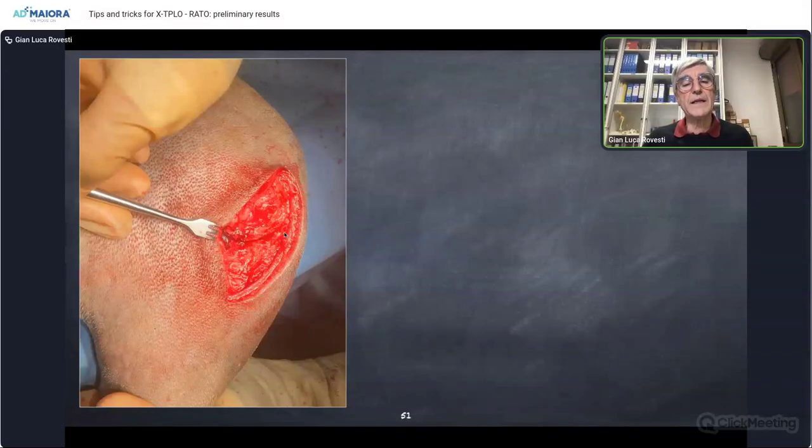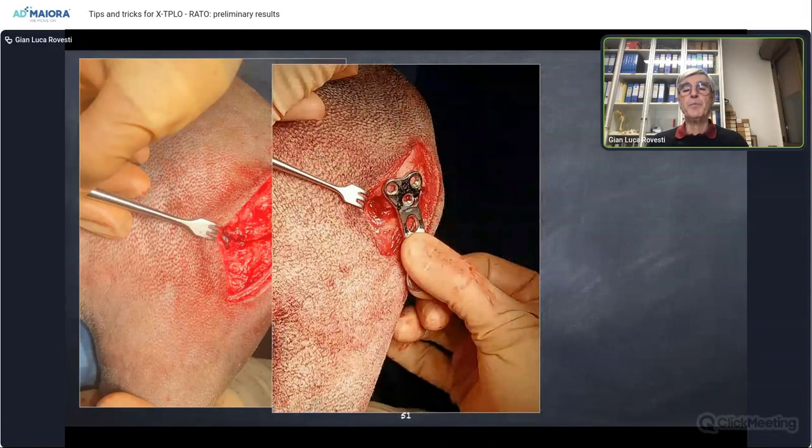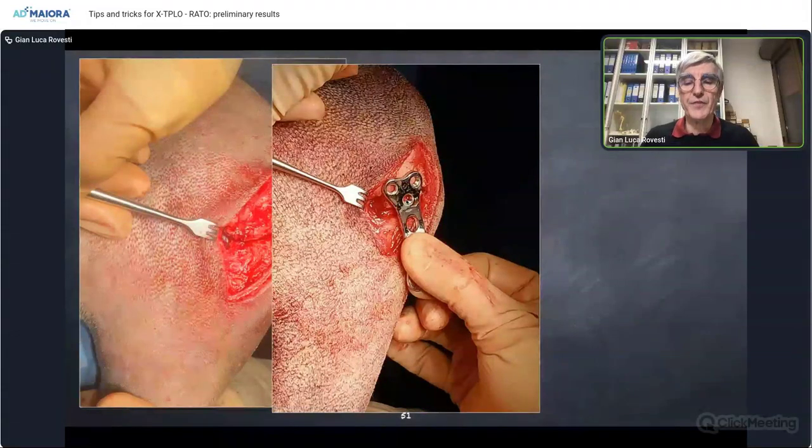I can look at it and I will establish more or less its half, and I will put the plate with screw number 2, this lower hole in the plate, in the middle of the plate, immediately caudal to the half of the osteotomy line.